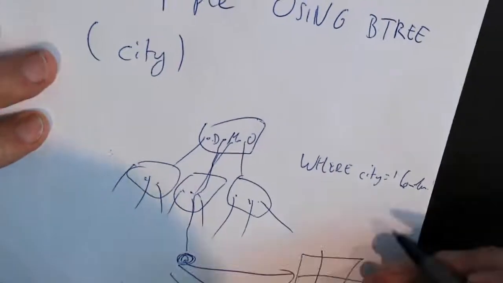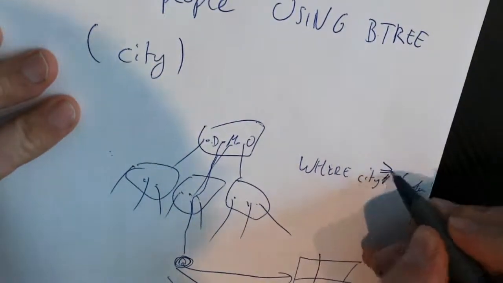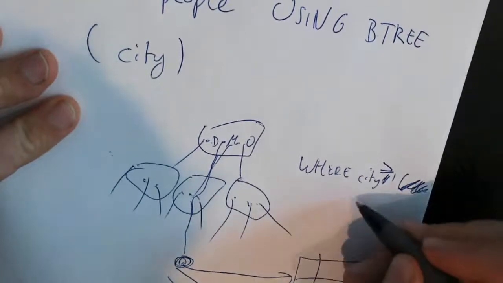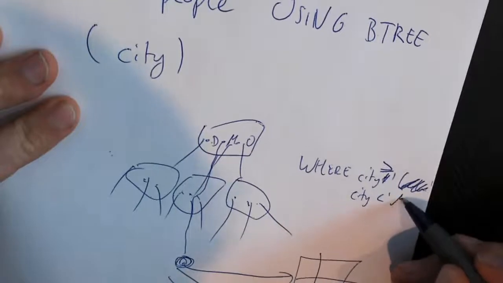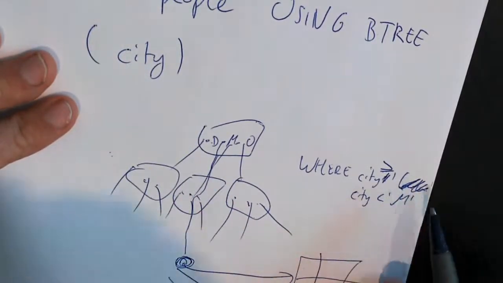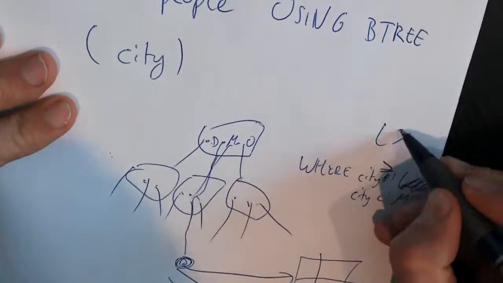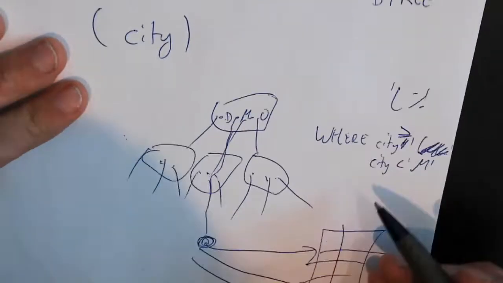It also supports where city greater than or equal to L and city smaller than M. So basically a prefix search: find all people that live in a city starting with an L. This is basically like a LIKE predicate where the city starts with an L. So this is also possible.